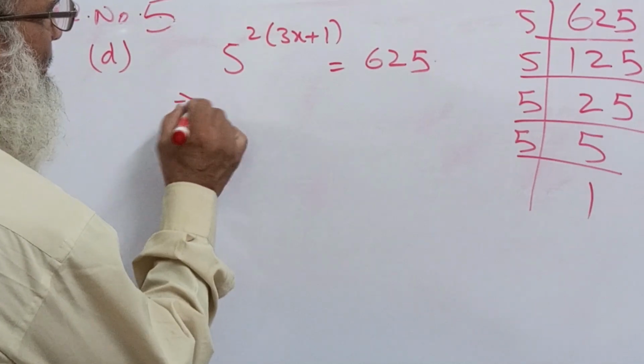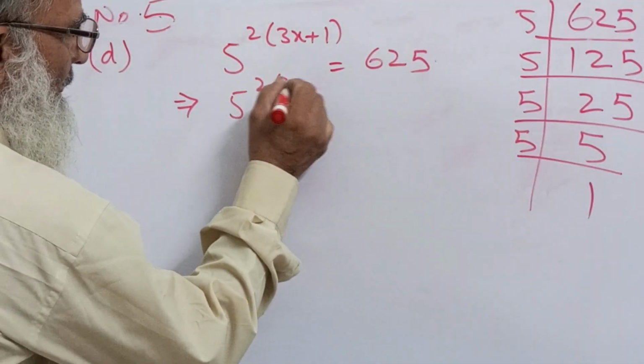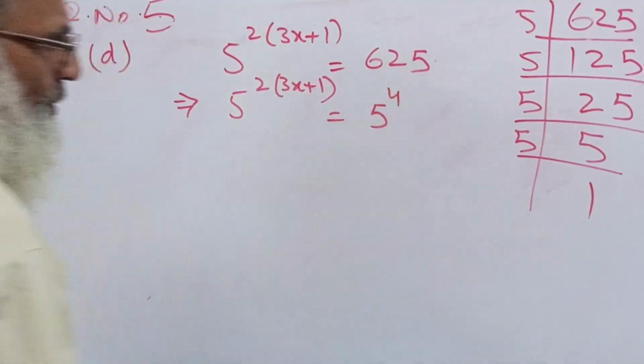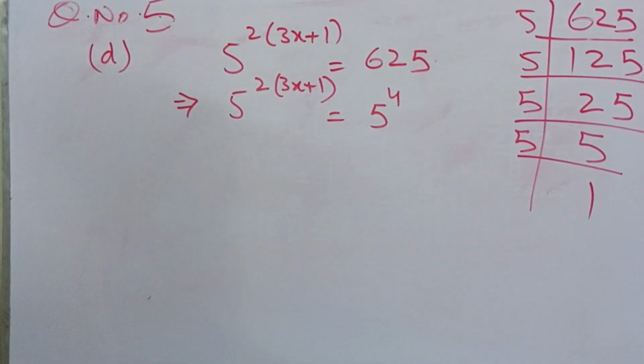So it will become 5 raised to power 3x plus 1 is equal to 5 raised to power 4.